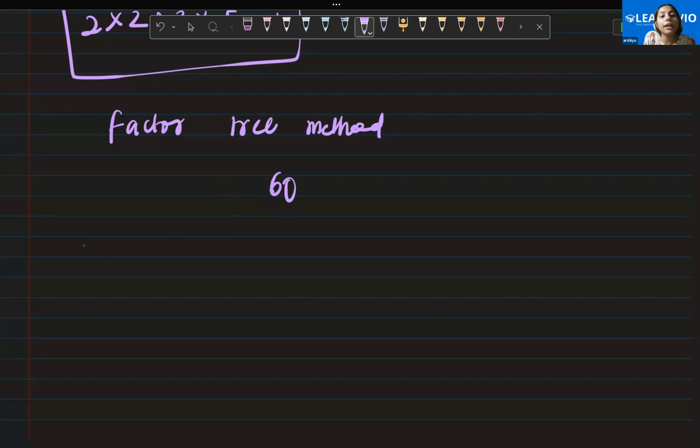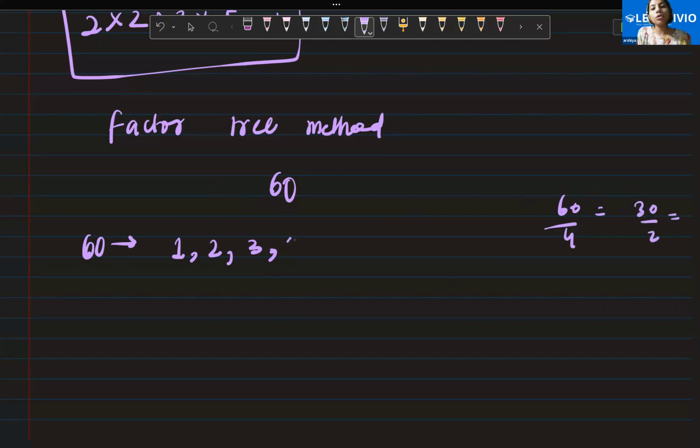Okay. So the factors of 60 are, first of all, we have 1, we have 2, we also have 3, we have, do we have 4? I don't think we have 4. So 60 divided by 4, it's going to be 30 by 2. Yeah, we have 4. So 4 is also a factor.